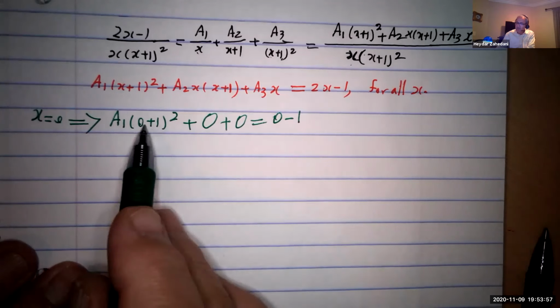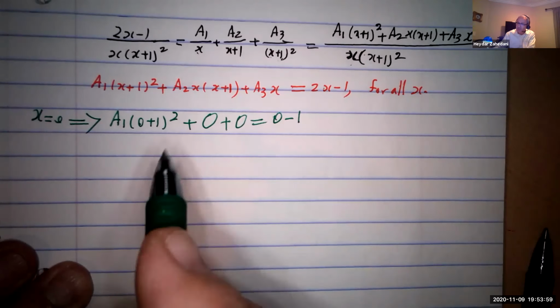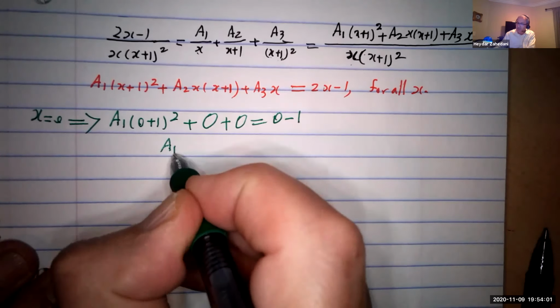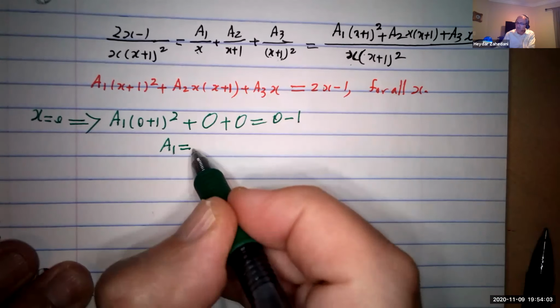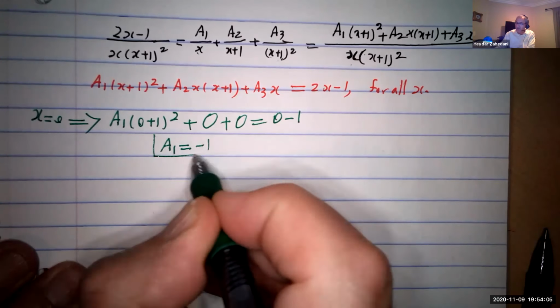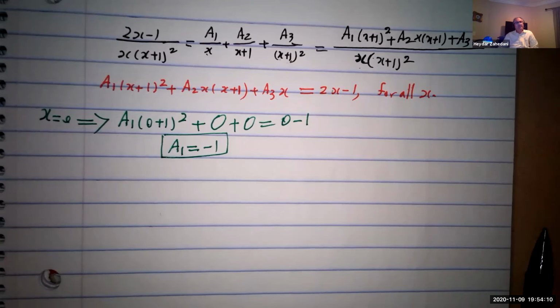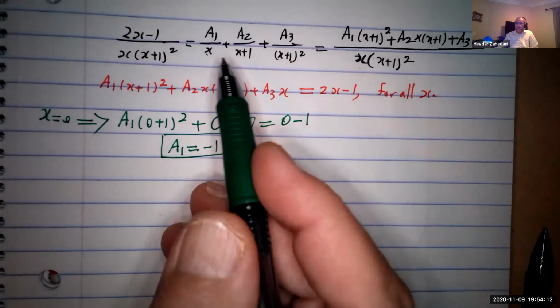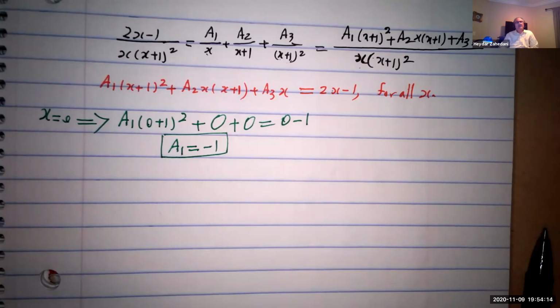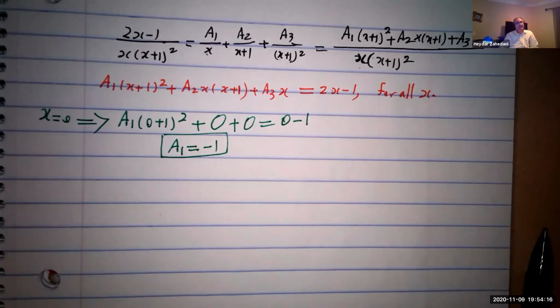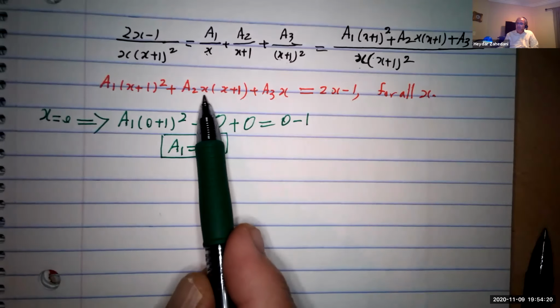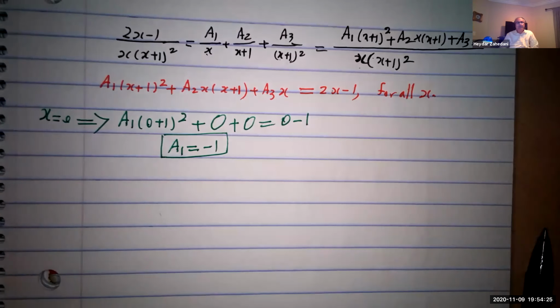So 0 plus 1 would be 1, 1 squared, so that gives a1. a1 equals -1. That would be your a1. Any question? I pick x equal to 0 because this denominator would be 0 at 0, and when you substitute, everywhere you see the x, that would disappear because of the 0.